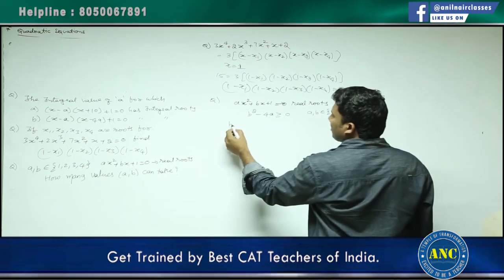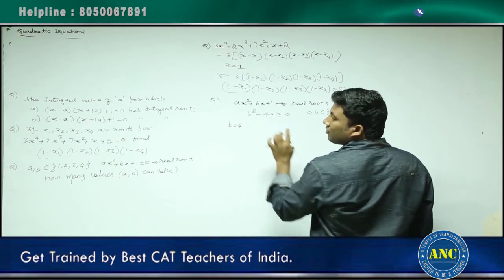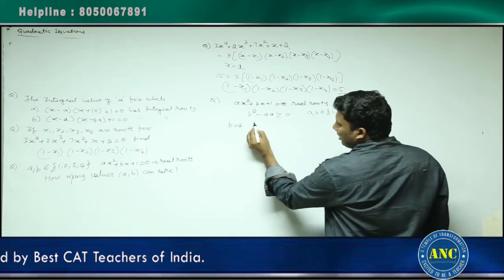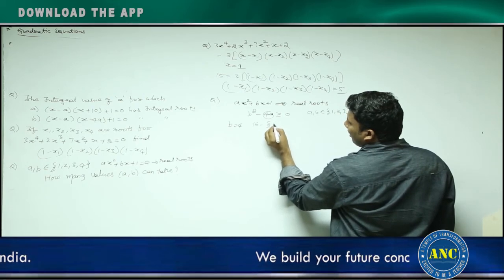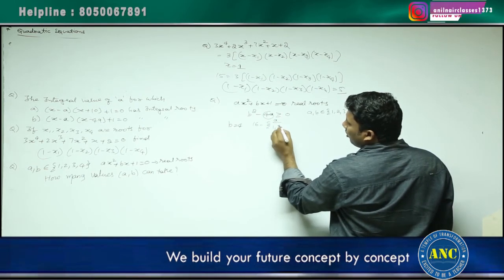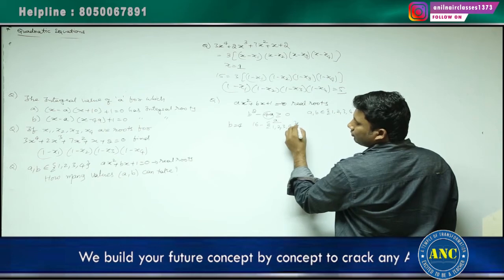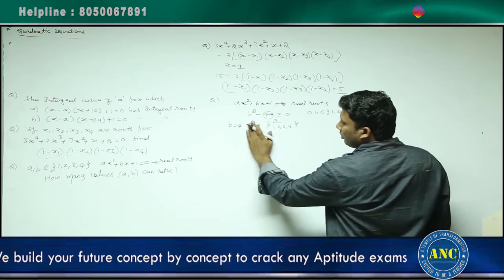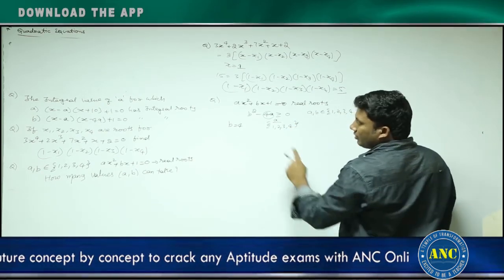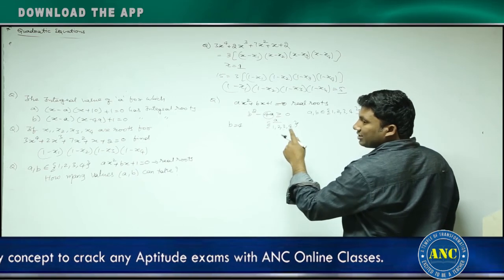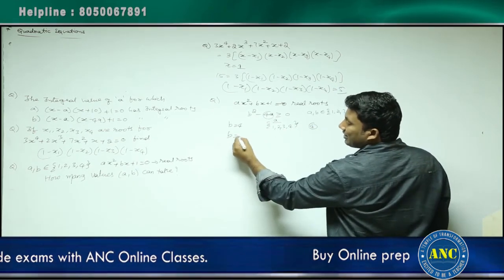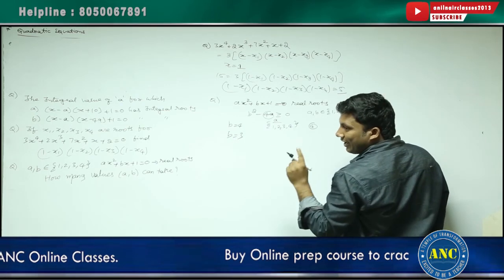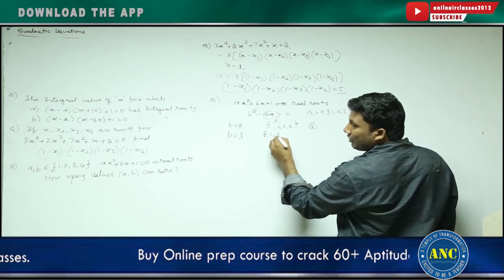If b takes 4, what is 4 square? 16. 16 minus 4a. Can I say that the a value can be 1, 2, 3, 4? 16 minus 4, 16 minus 8, 16 minus 12, 16. 4 values it will take. b is 3. What is 3 square? 9. 9 means a value will be 1, 2.